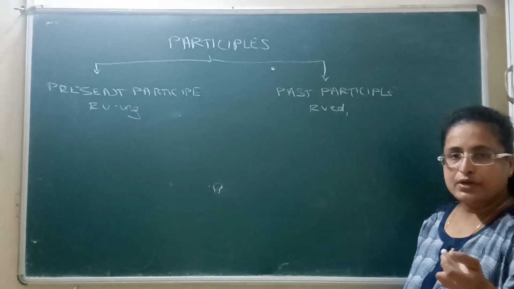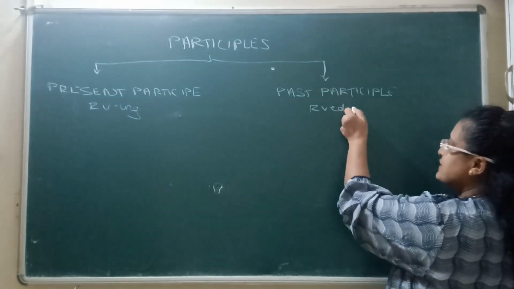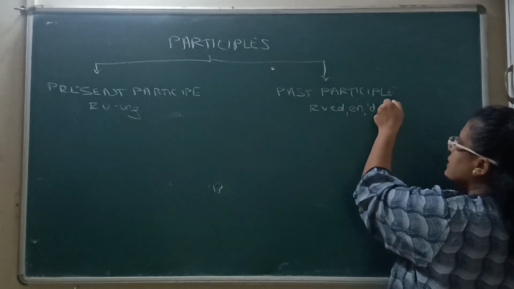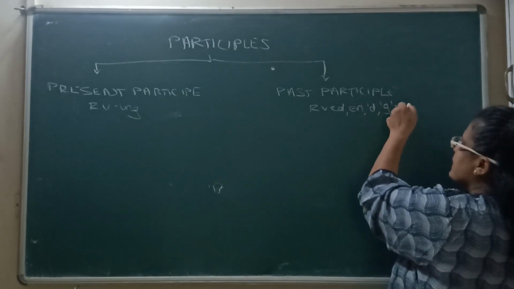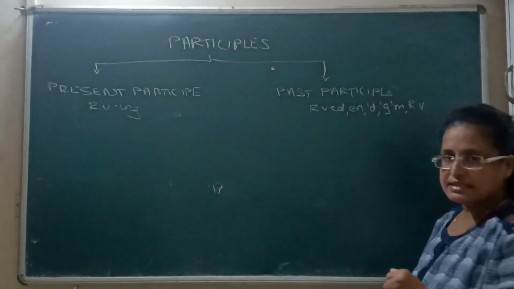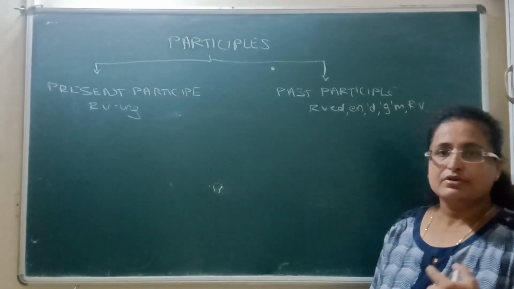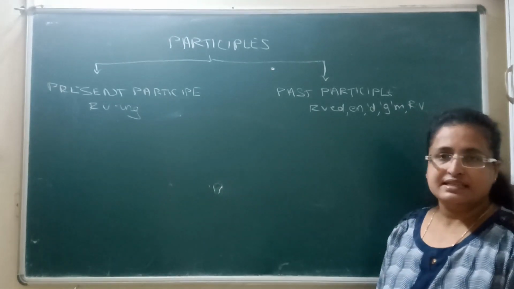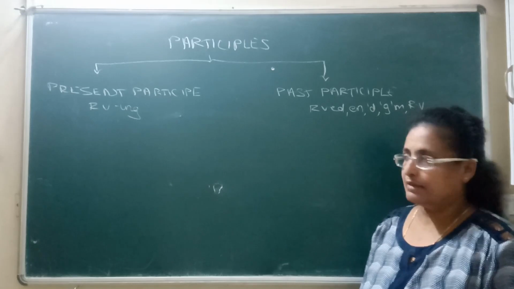If it is irregular verbs, the past participle ends with the en form, or the sound d, or g, or sometimes it remains the verb itself, the base verb itself. You go to the description box and take up that lecture of verb forms, and then you will be able to better understand how the past participle is coming.